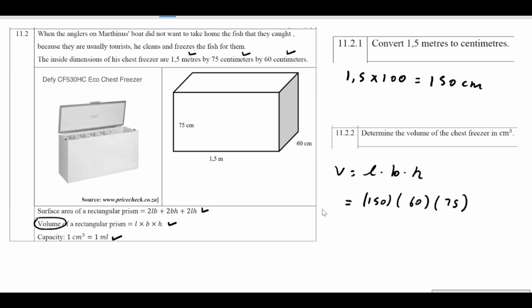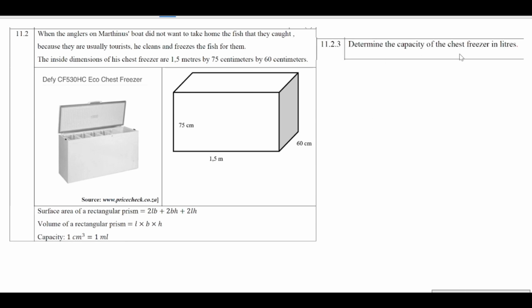Everything is in centimeters. You simplify this in your calculator and it gives us 750,000 centimeters cubed, the volume.